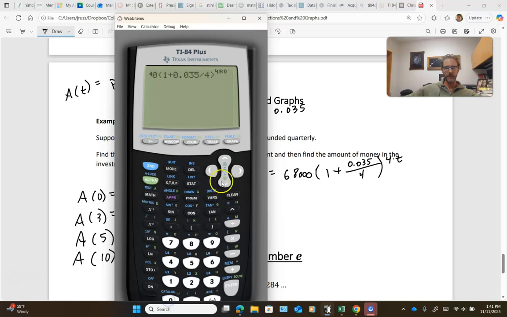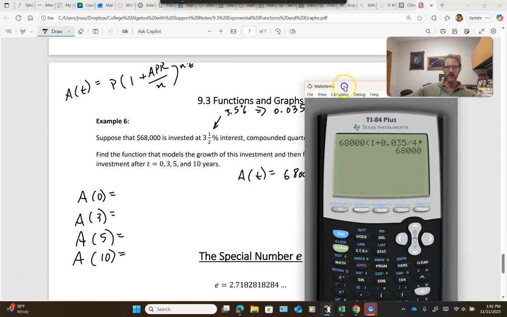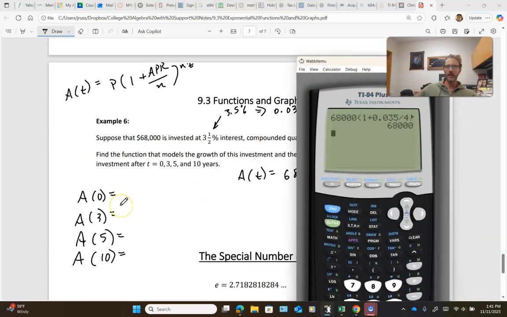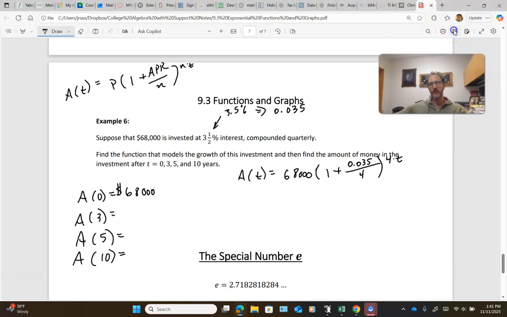And when you hit enter, it'll give you the value. Now it's $68,000. But typically I'll ask why is it just $68,000? That's what we deposited. And the answer is because it hasn't had time to grow. When t is 0, that represents the point of time in which you deposit the money.